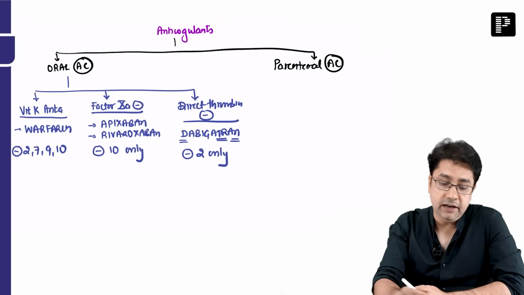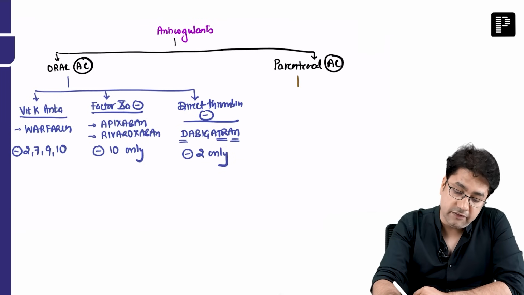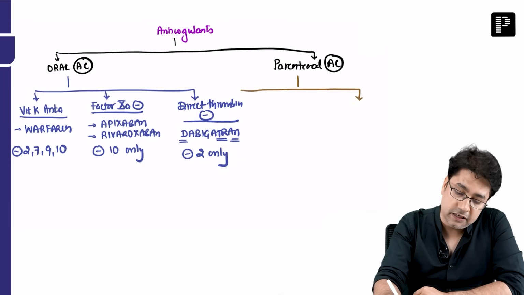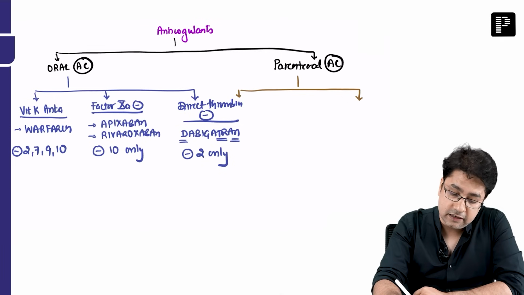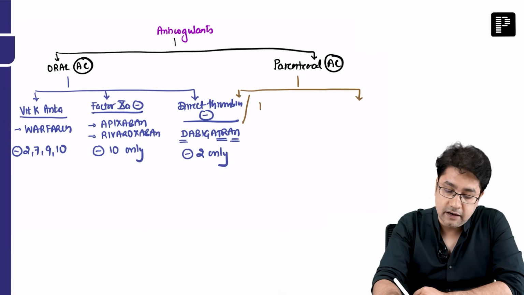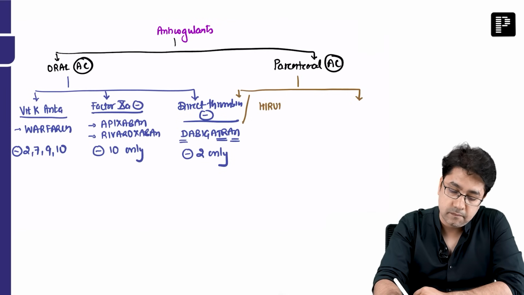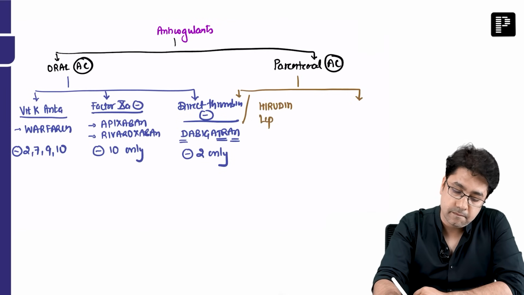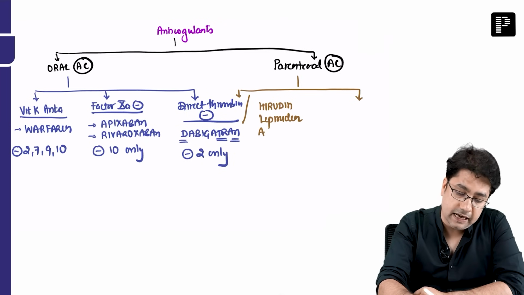And among parenteral anticoagulant drugs, we have again direct thrombin inhibitors. And these parenteral direct thrombin inhibitors are hirudin, lepirudin and argatroban. A different name, argatroban.